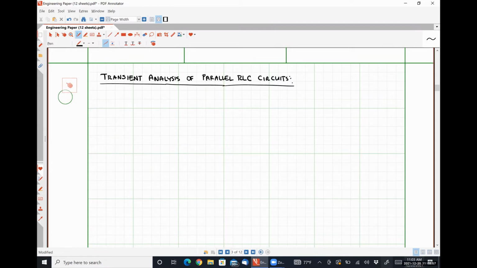Okay. So for a parallel RLC circuit, let's consider something simple to begin with, where we have, let's say, a current source, IS, connected to some resistor RS, and let's see, how am I going to draw this guy?